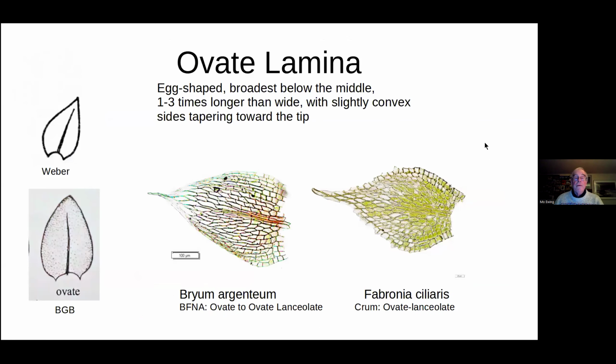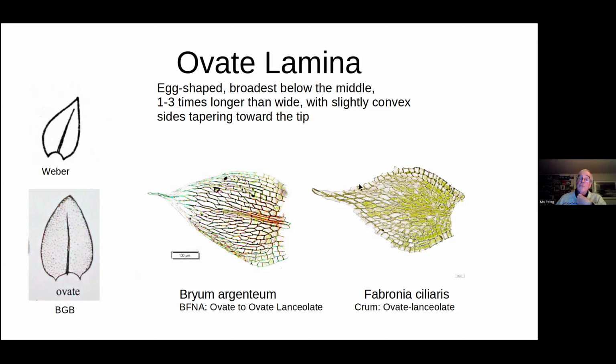The next one is ovate, and it's defined as being egg-shaped, broadest below the middle, so that if this was standing up, the egg shape is here, and then the thinner part is up here. 1 to 3 times longer than wide, with slightly convex sides tapering toward the tip.